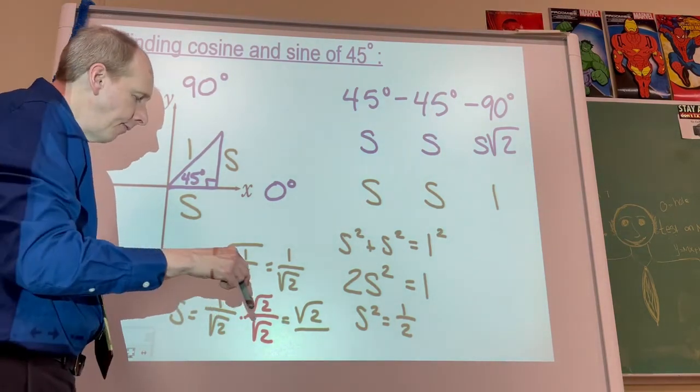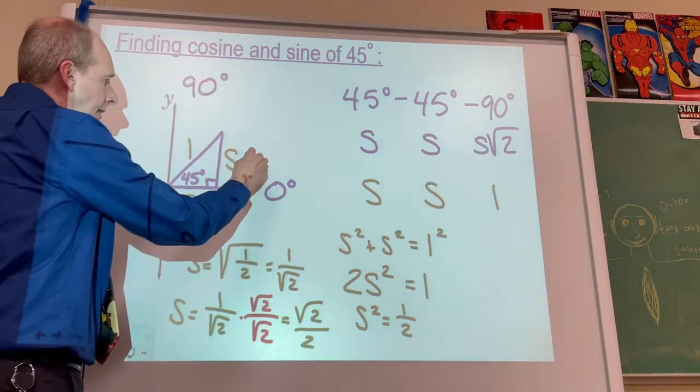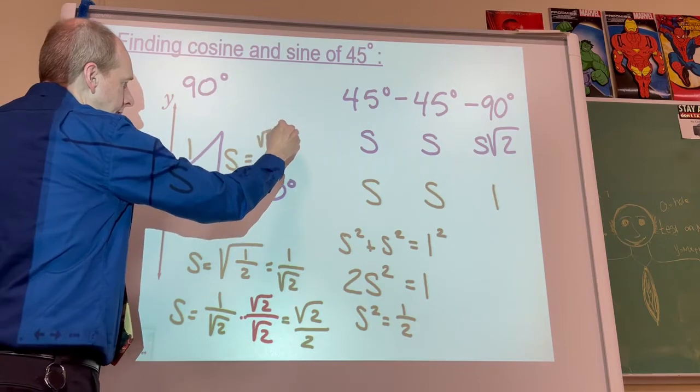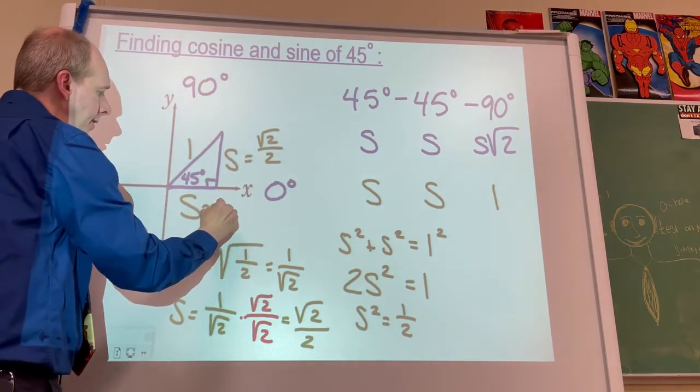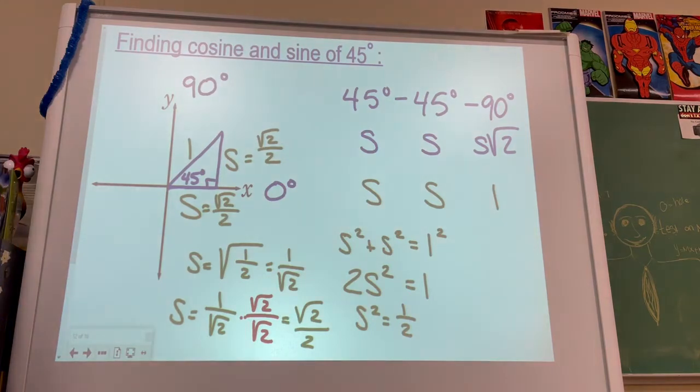And the square root of 4 is equal to 2. So my sides are radical 2 over 2 and radical 2 over 2. Why do you have to do that? Because that gives us what we need to know. That gives us our answers for cosine and sine.